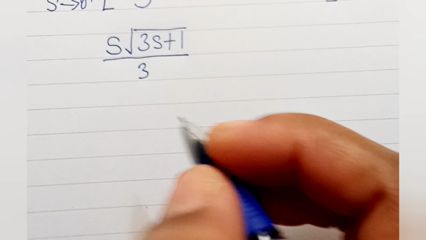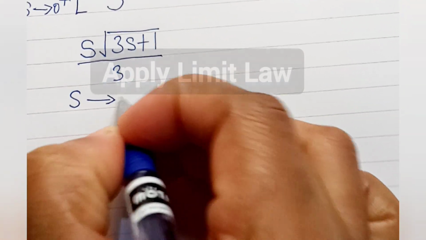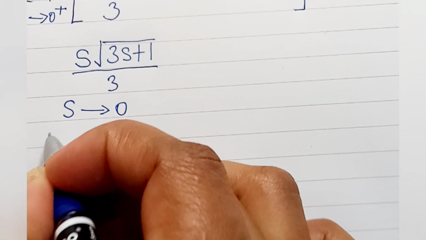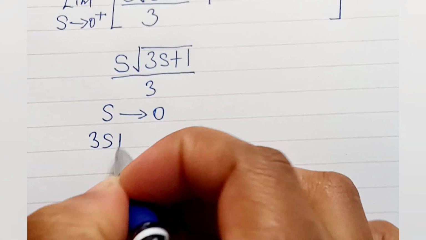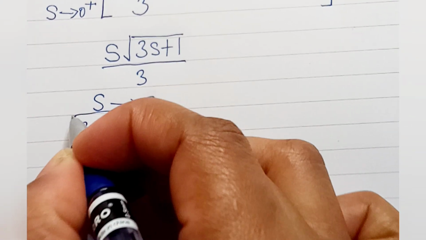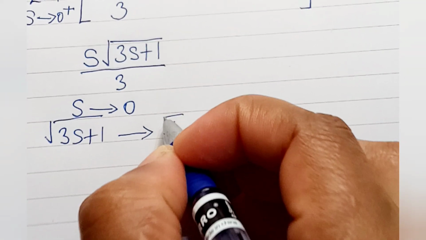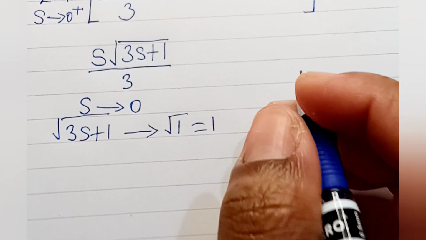Now, as s approaches 0, square root of 3s plus 1 approaches square root of 1, which is 1.